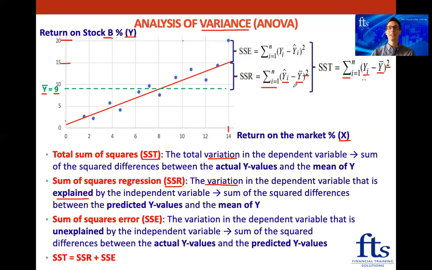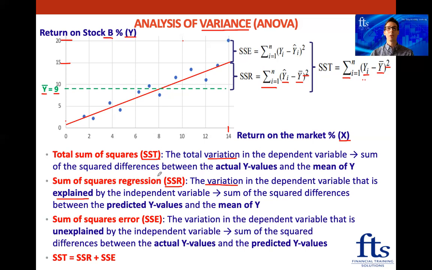We would need to do that for each and every year and then sum up all of those squared differences. So it's quite a mission. But let us rather try and understand what they're talking about here. It's the variation in the dependent variable that is explained by our independent variable.